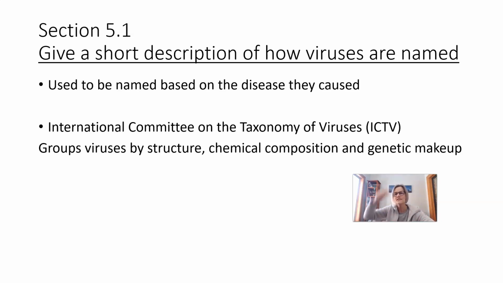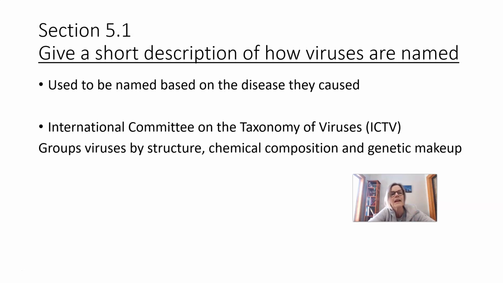And so we realized that we needed some organization to keep the names of viruses consistent. And so there was developed the International Committee on the Taxonomy of Viruses. I think it was in the 1970s, I'm pretty sure, somewhere around there, where we just said, let's get all this straightened out and make sure everybody, when we're talking about a virus, is using the same names.